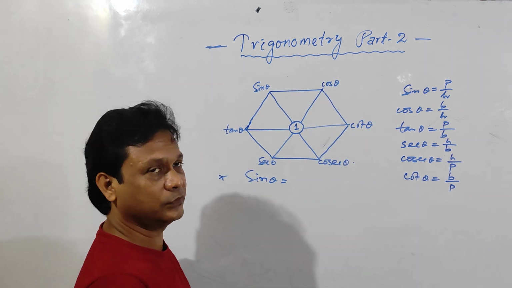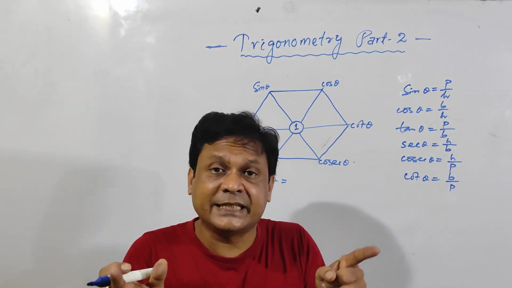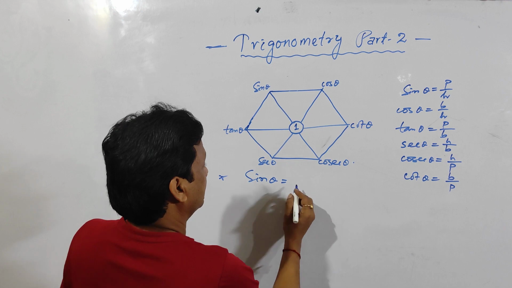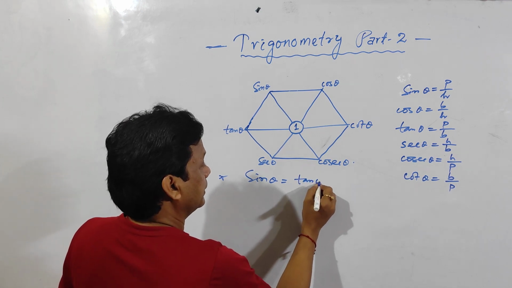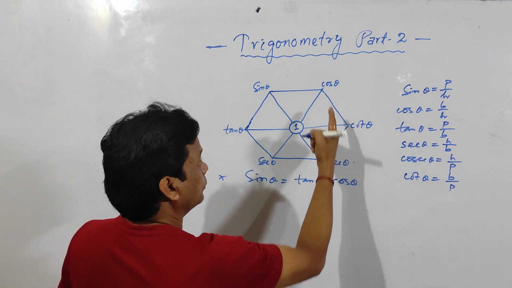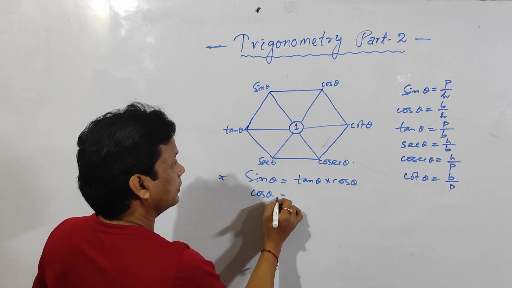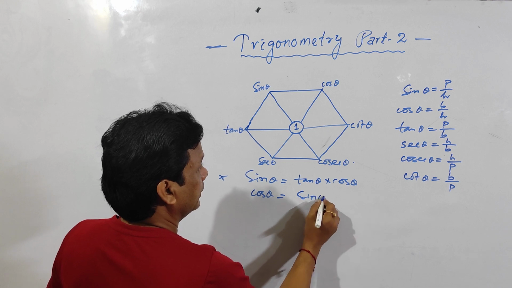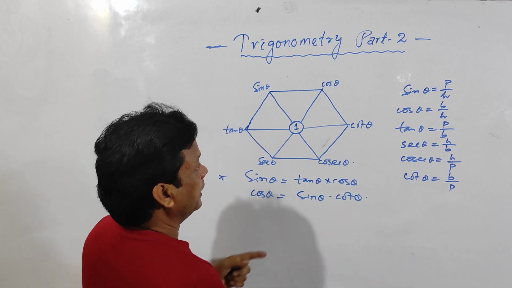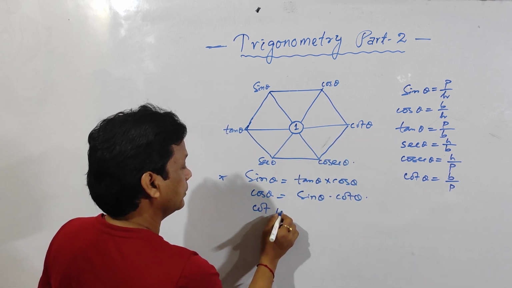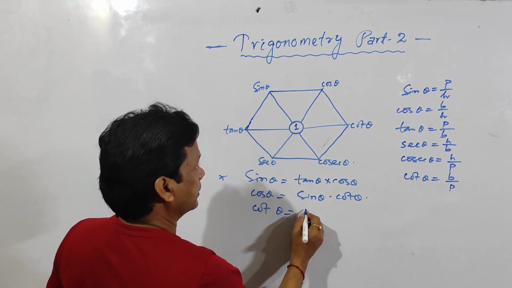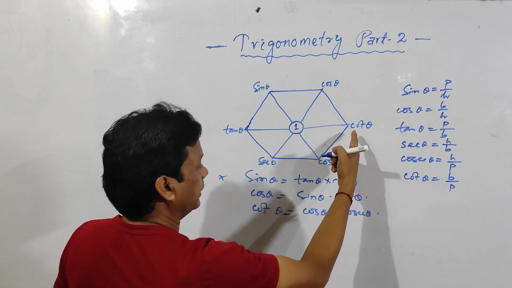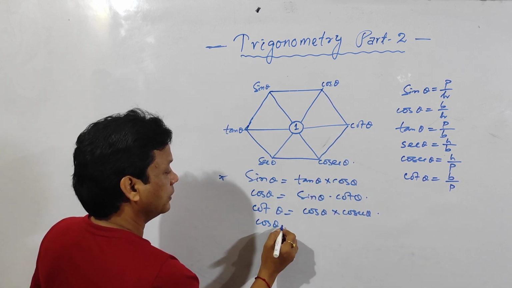Sin theta is equal to the product of its extremes, the product of this and this. That means tan theta into cos theta. What is the value of cos theta? Sin theta into cot theta. Then what is the value of cot theta? Cos into cosec. Cos theta into cosec theta. Then what is the value of cosec theta? Tell me.